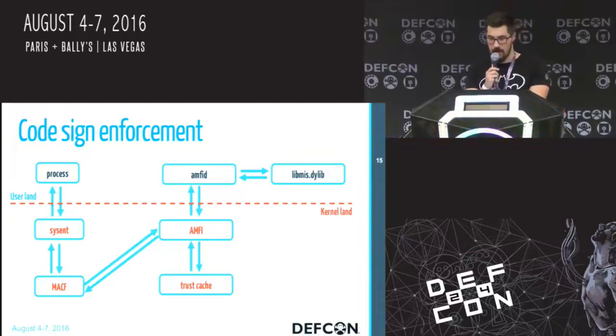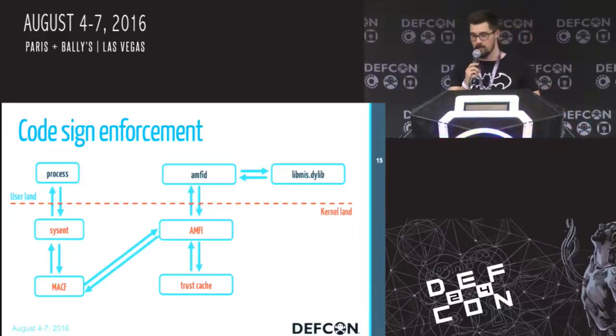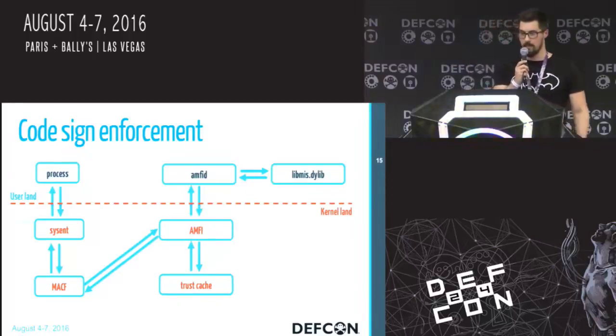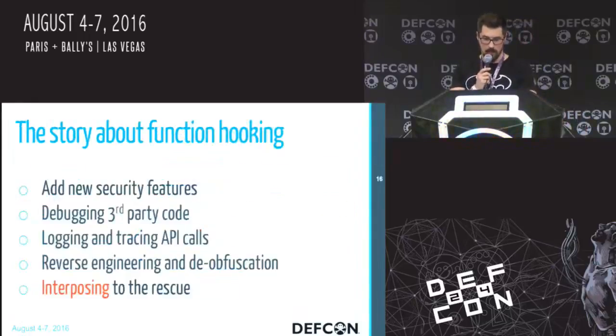Next, we call MFI, which checks the code signature. If the code signature type is ad hoc, we look for the CD hash in the kernel trust cache. If it's not ad hoc, we send it out to MFID, which is in userland, which uses the libmis dylib to validate the CMS blob. So a great question, why do we need all this info?